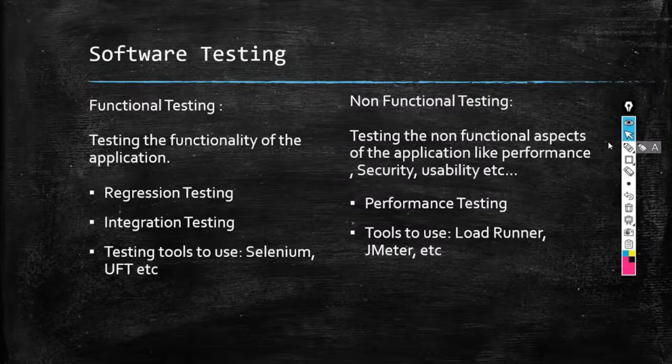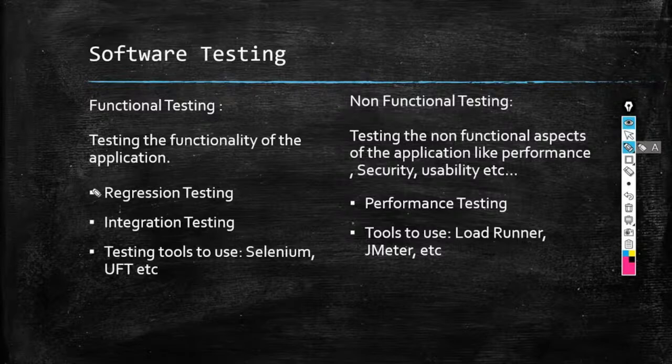When it comes to functional testing automation tools, you have Selenium and UFT, which was earlier called QTP. These are some of the more popular and most widely used tools in the market.